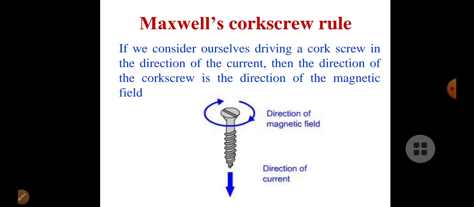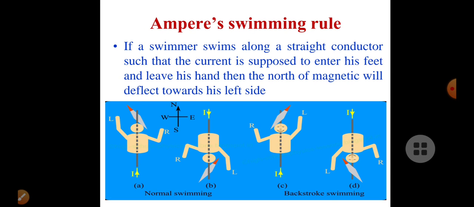So we can define it: if we consider ourselves driving a corkscrew in the direction of current, then the direction of rotation of the corkscrew is the direction of the magnetic field. Same rule.